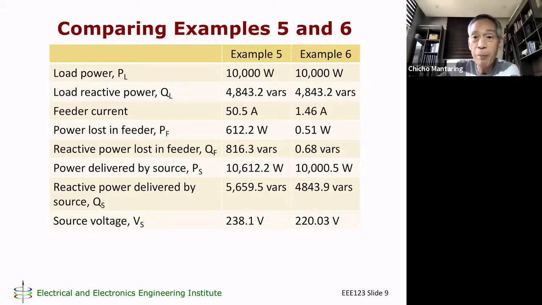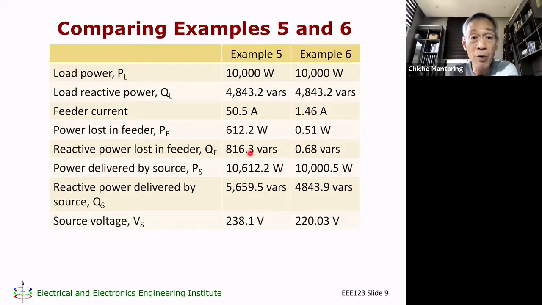In other words, from the perspective of the load, exactly the same work can be done. For example 5, our feeder current was 50.51. In example 6, we brought this down to 1.46. So in example 5, this is what was lost in the feeder: 612.2 watts. Now in example 6, ang laki ng binagsak nung nawawala sa feeder. 0.51 watts na lang.